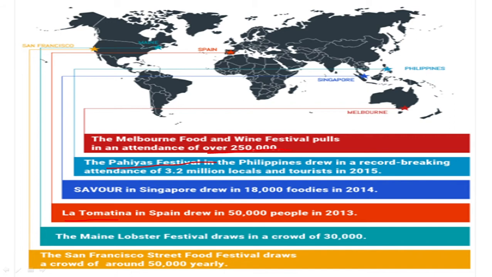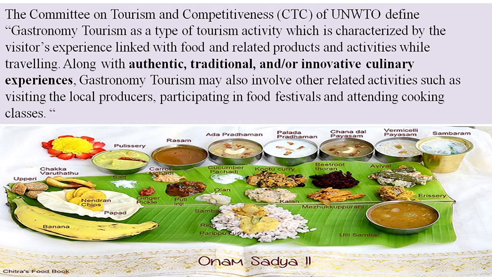As we learned, food tourism is when we are visiting places where there's food, festivals of food, conferences of food, exhibitions of food. Talking about UNWTO and their definition, the Committee on Tourism and Competitiveness, CTC, has defined gastronomy tourism as a type of tourism activity characterized by the visitor's experience linked with food and related products and activities while traveling.